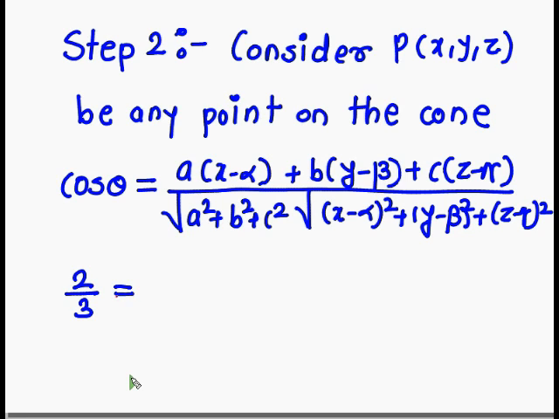We know the value of A is 2, value of B is 1, value of C is 2, value of alpha is 2, value of beta is 1, value of gamma is 1.